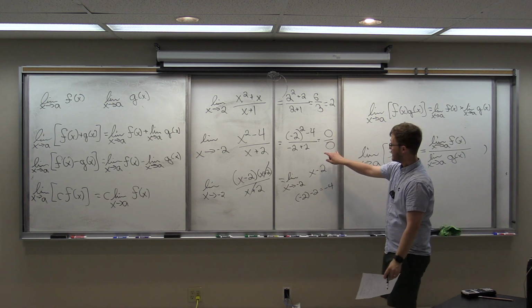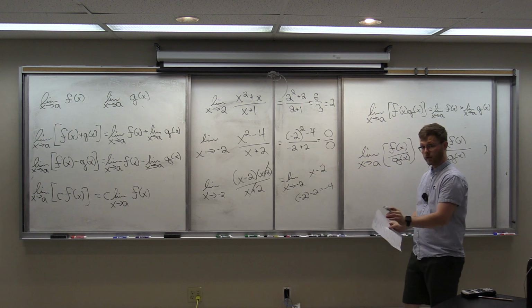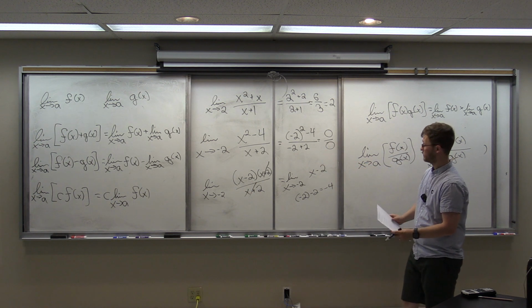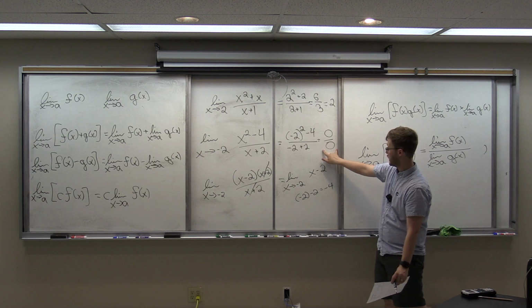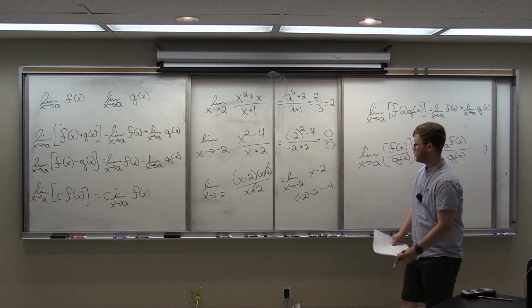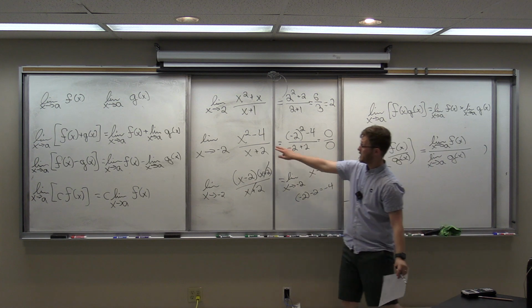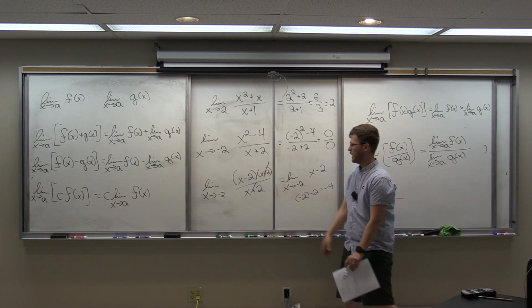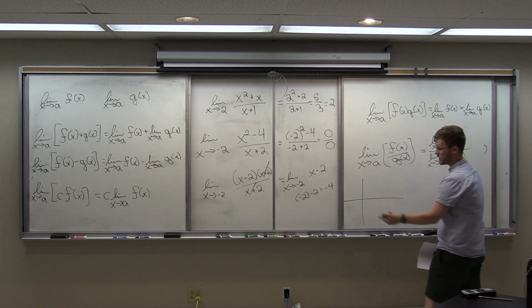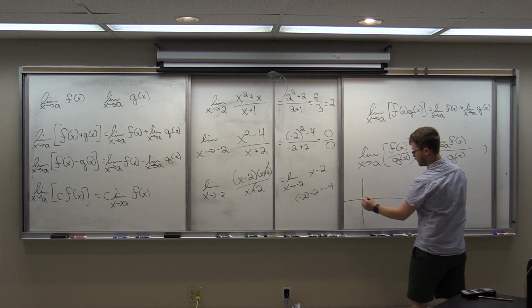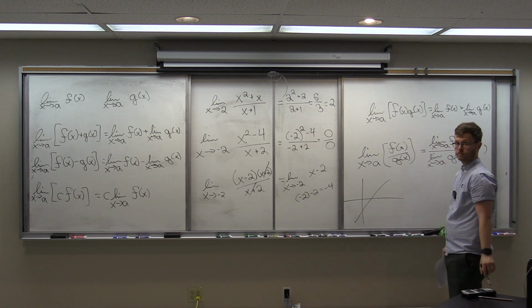So getting that 0 denominator is not always the end of the road. If we were to visualize this graph, we would see that even though it looked messy, x squared minus 4 divided by x plus 2, the graph itself was just the x minus 2 graph, which is that.